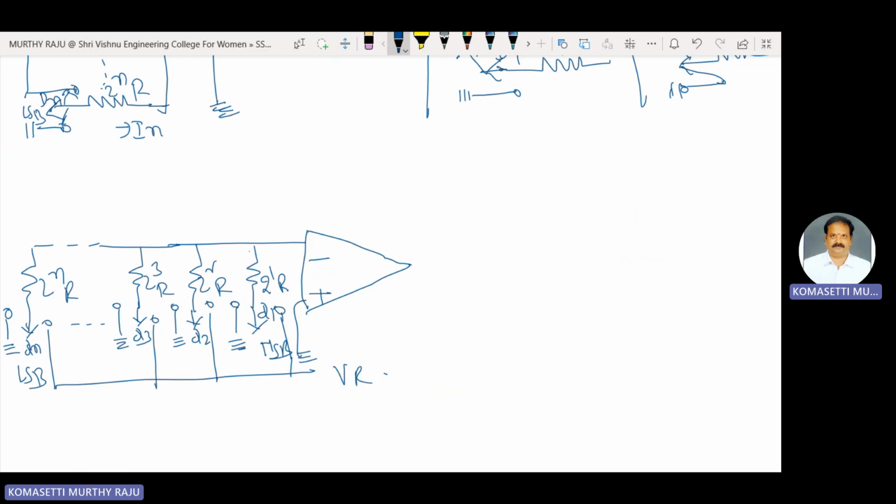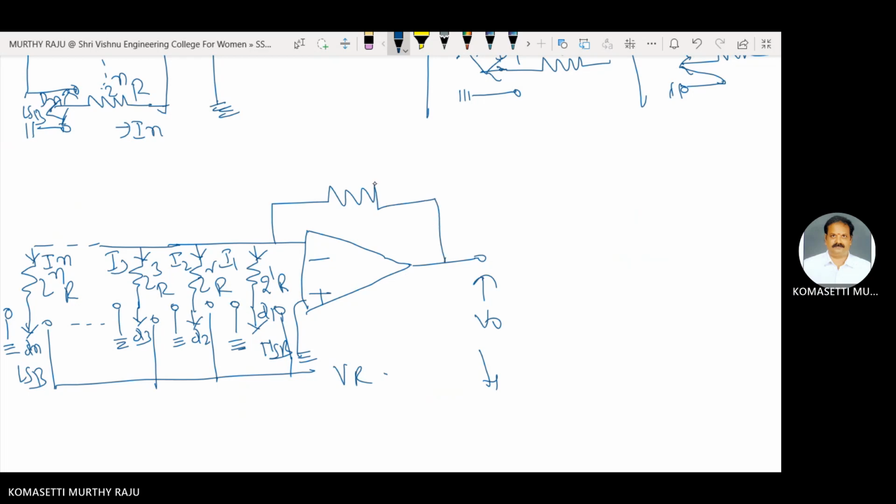The currents flowing through these are I1, I2, I3 and IN. This one is the output voltage V0, with feedback resistor RF.